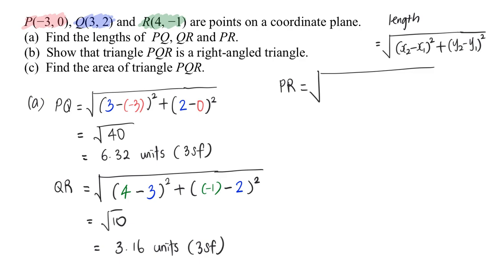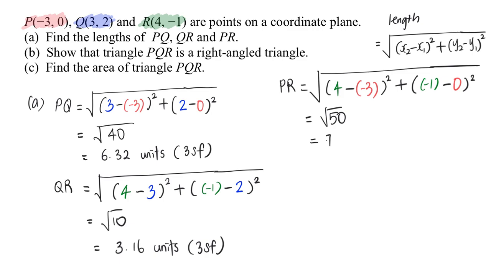P and R. So I will have (4 minus negative 3) squared plus (negative 1 minus 0) squared, and this will give me a value of the square root of 50, which is equal to 7.07 units to 3SF. Okay, part A is done.